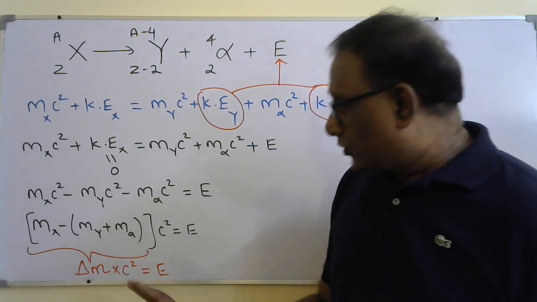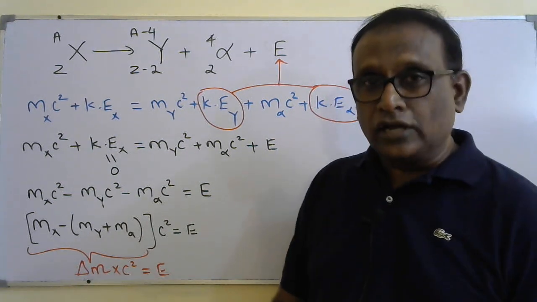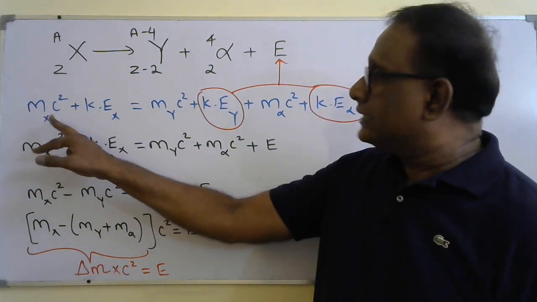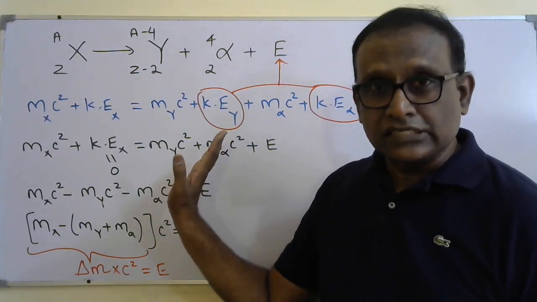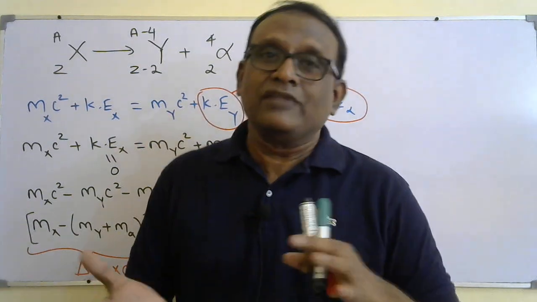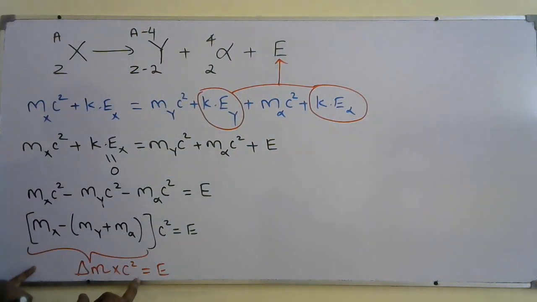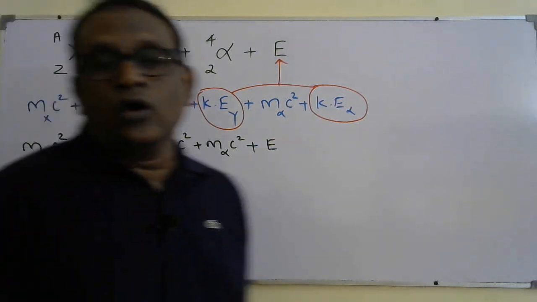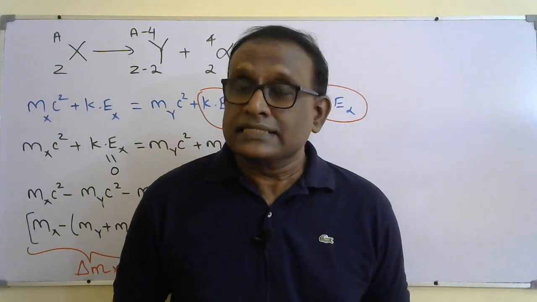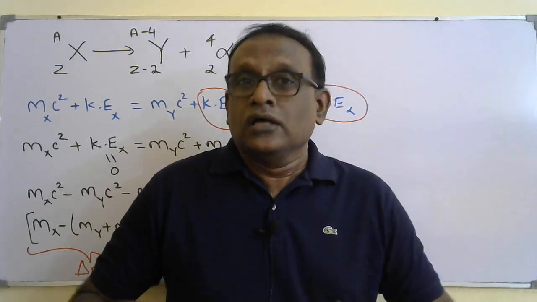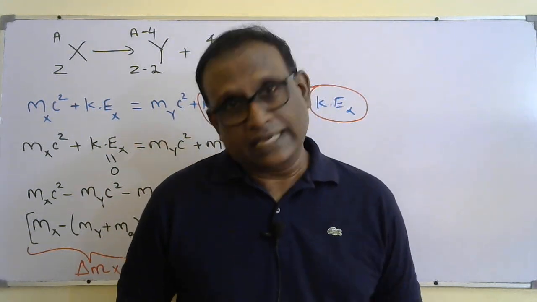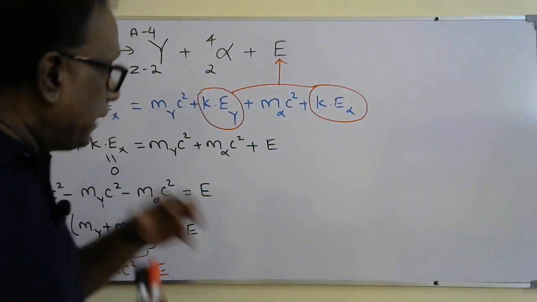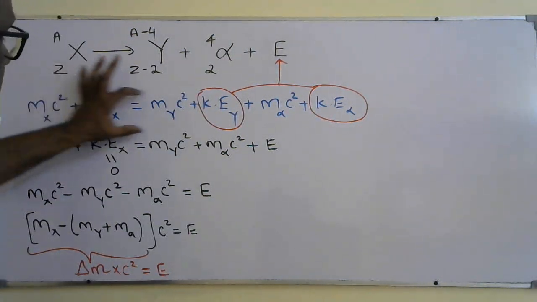But what I want to say here is there's nothing called a principle of mass deficit. Actually what we are doing here is using the law of conservation of mass energy. But when we rearrange, it comes like mass deficit. There's nothing wrong, but normally students ask, do we need to use the mass energy relationship or the mass deficit method? Anything you can use, but both are the same. The basic principle is total mass energy conservation.